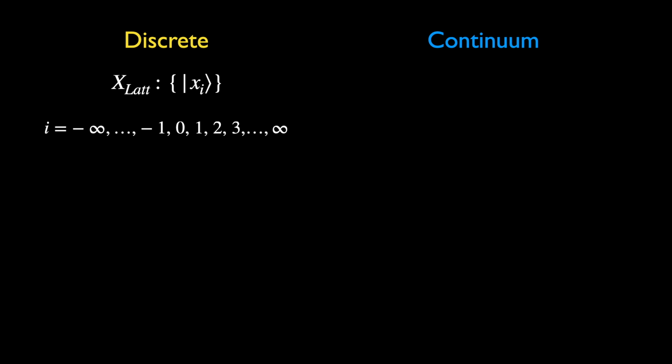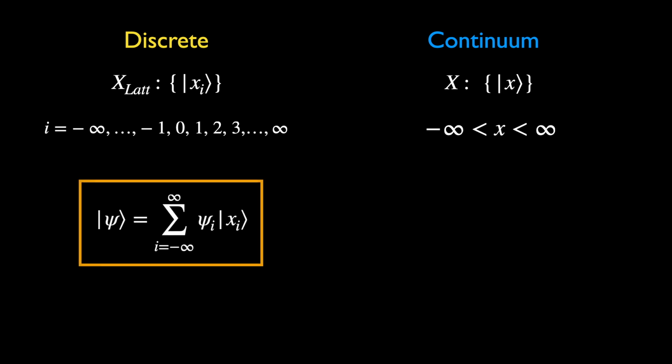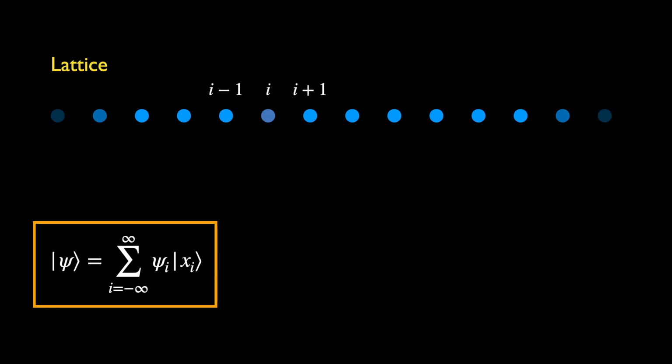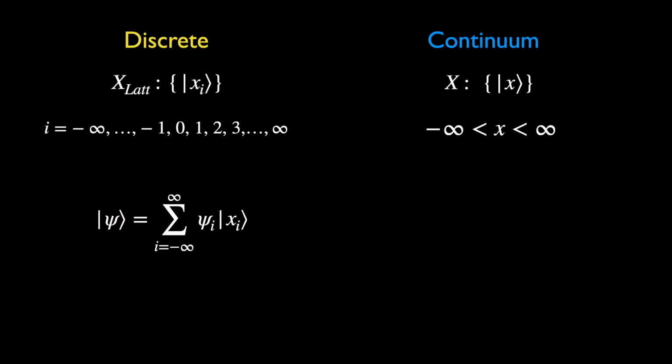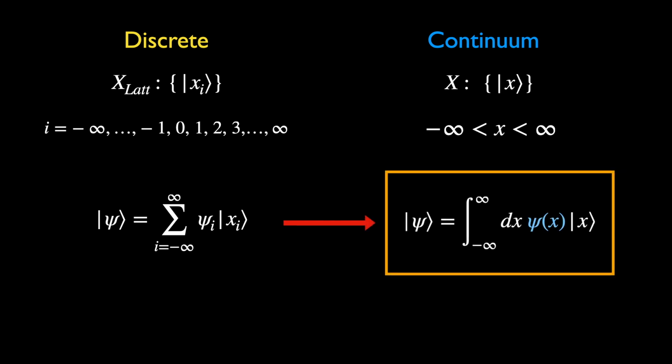The continuum counterpart is given by: in the discrete space, an arbitrary state that lives on the lattice is given by the following, which is a state that may not be in a definite position, but when we try to measure the position of the particle, it could be found at some position i, with probability given by the absolute square of the corresponding amplitude psi_i. We claim that when the continuum limit is taken, this corresponding continuum state is obtained. The amplitude psi of x is what is known as the wave function in position space.